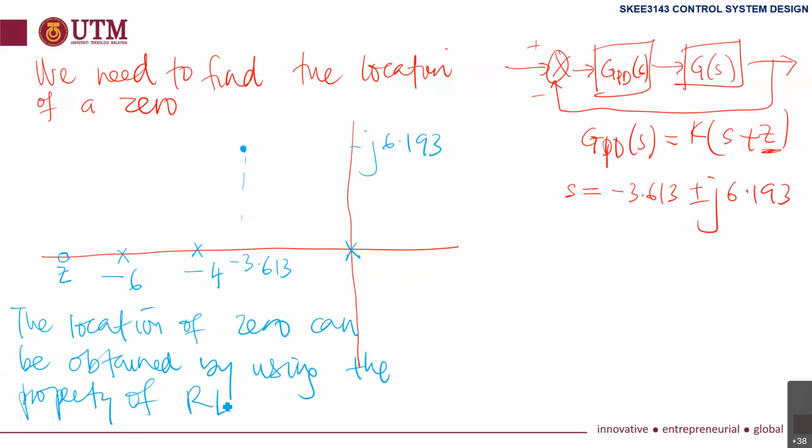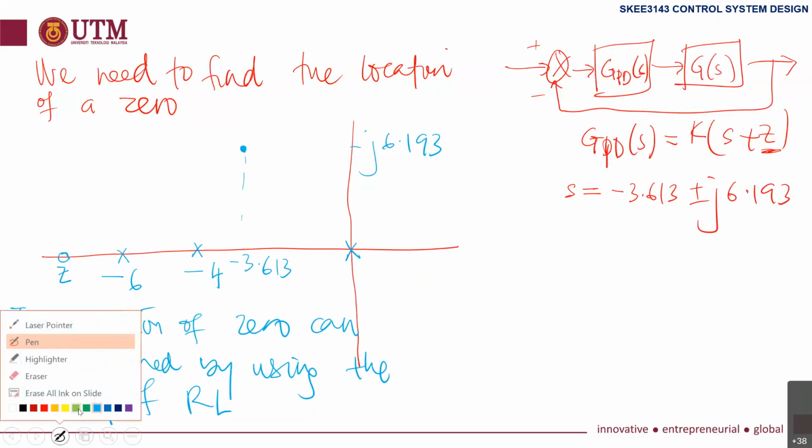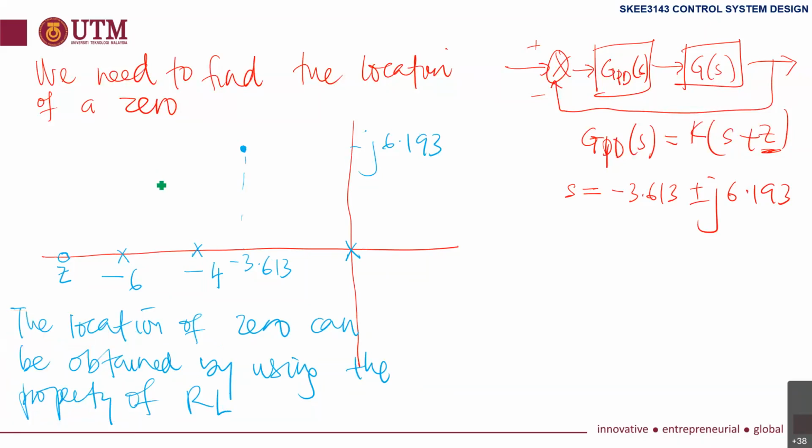In this case we will use the angle. So first I need to take all the angles from the poles and from the zero. Let's say here theta 1, theta 2, theta 3, and theta 4.